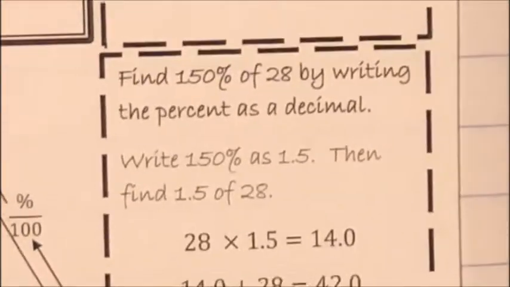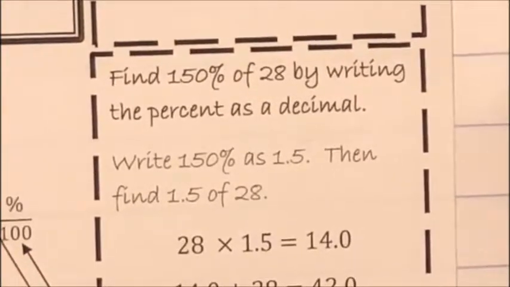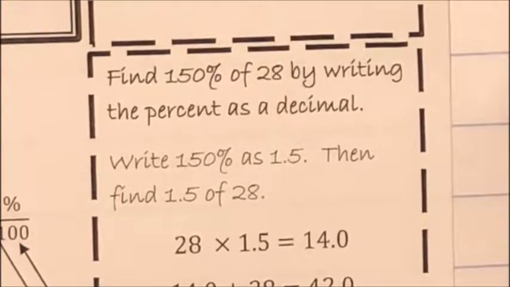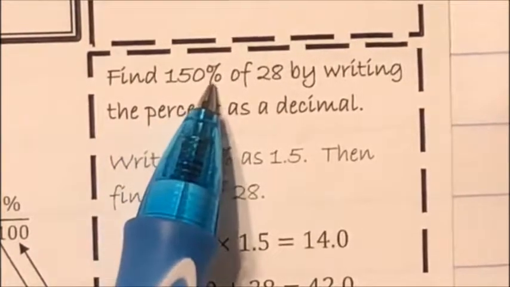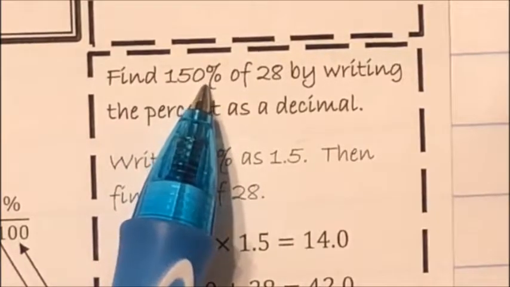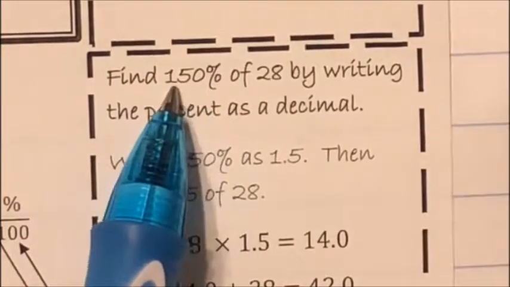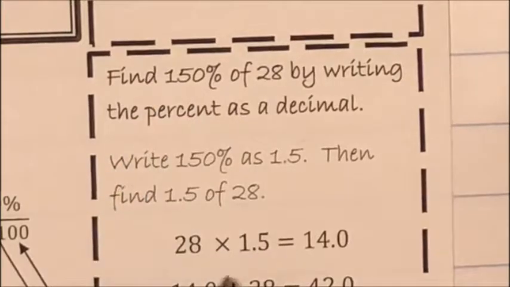Okay. The other one says find 150% of 28 by writing the percent as a decimal. Okay, so writing the percent as a decimal. Write 150% as 1.5, okay? So remember, all I do when I'm writing this is I divide by 100, so 150 divided by 100 becomes 1.5, okay?